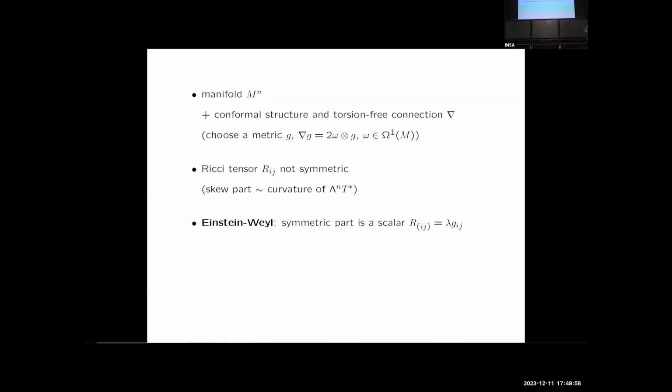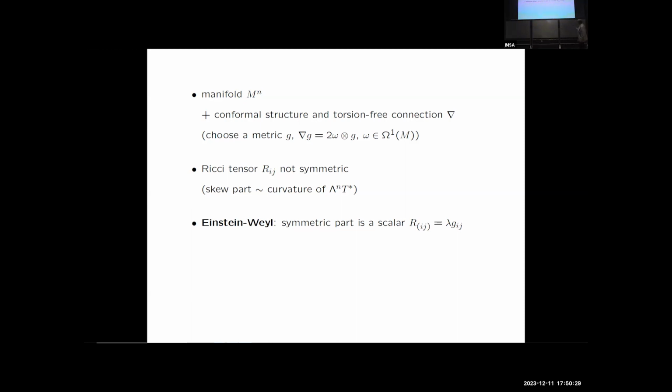A general conformal one doesn't, but it has a connection on the bundle of volume forms. So basically, I think Weyl was interested in incorporating the electromagnetic field into general relativity. This is an attempt to do it. So the two-form d omega, the curvature of the connection on the volume bundle, was supposed to be the electromagnetic field. It didn't work out, but it's just the geometry that was there.